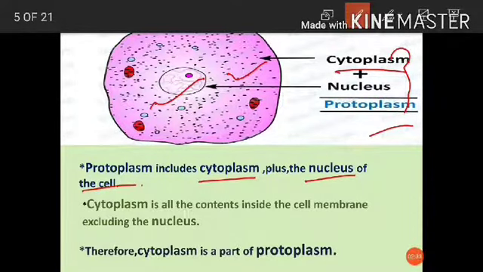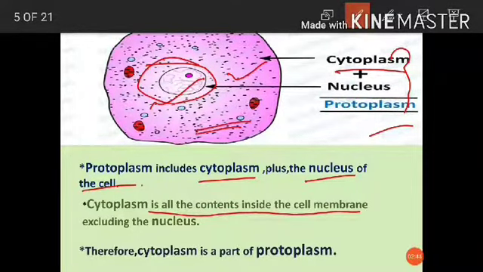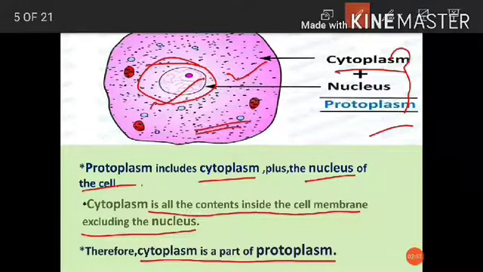But when we talk about only cytoplasm, then we don't include the nucleus. So cytoplasm is the content inside the cell membrane excluding the nucleus. So we can say that cytoplasm is a part of protoplasm.